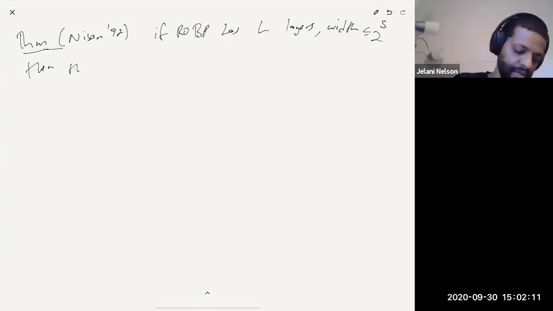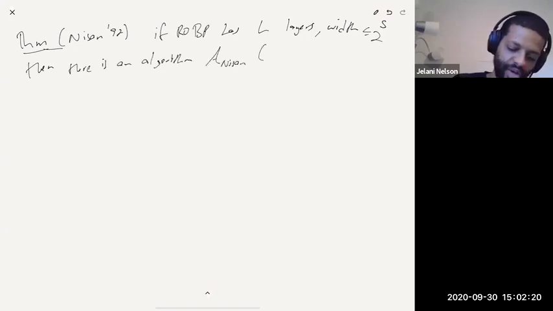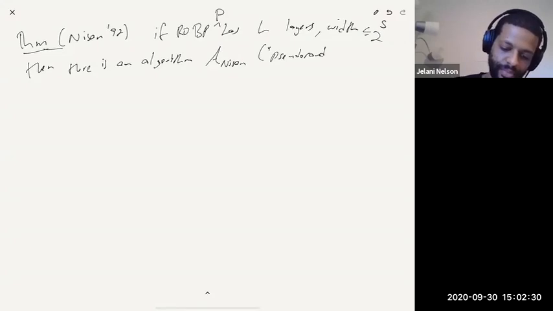then there is an algorithm, let's call it A Nisan. It's called a pseudo-random generator. And let's call this branching program P, for program.